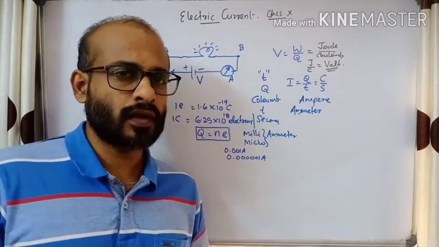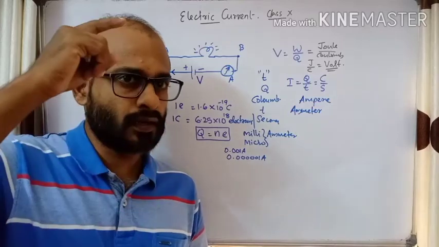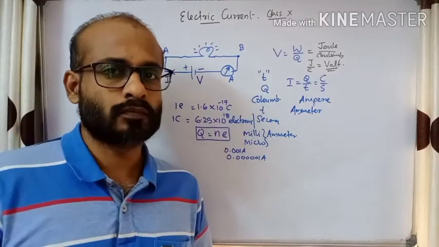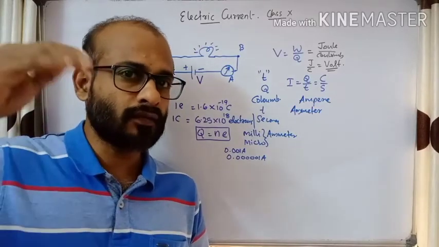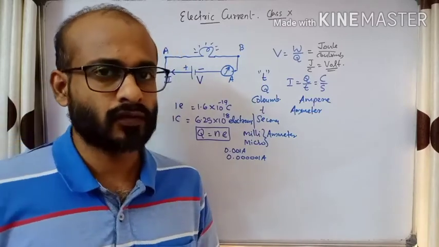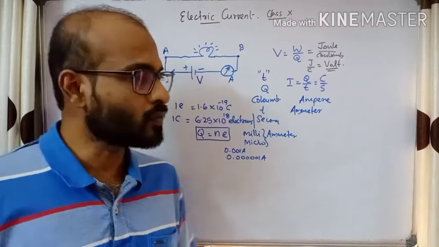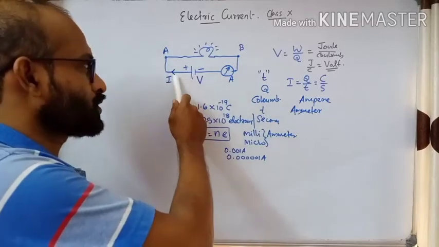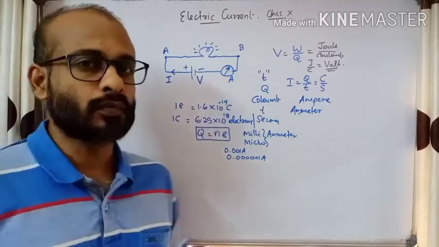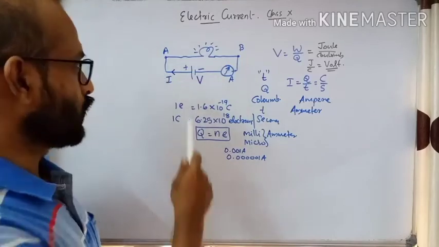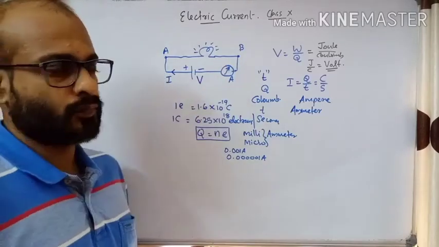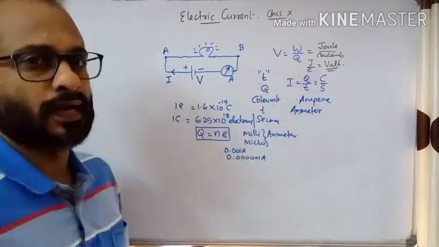So that's why we are able to get water from the tank to the room. If you have a room at a higher level than the water tank, we will not get water. So we need to maintain a potential energy difference. Here also, the positive is at high potential energy, negative is at low potential energy. That's why electric current flows from positive to negative. This is the concept of potential difference.